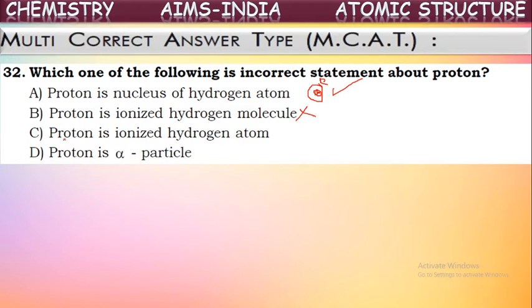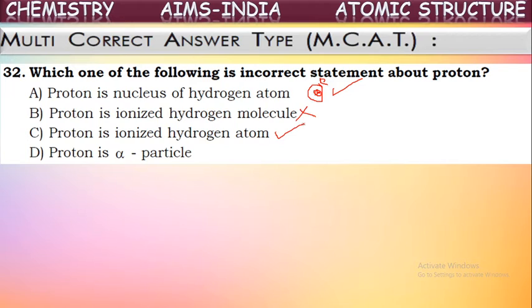See the third one. Proton is ionized hydrogen atom. What is meant by ionized? Ionized means charged, nothing but electron lost. We know hydrogen can lose one electron. So when it is ionized, it will lose that electron and forms H plus ion. So H plus ion is nothing but single proton.